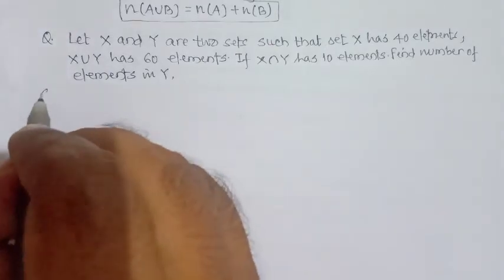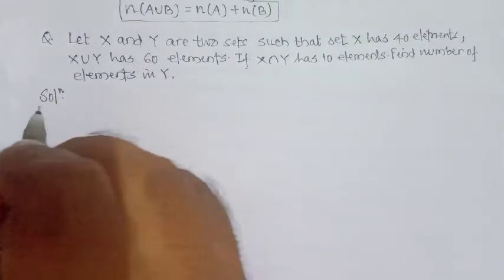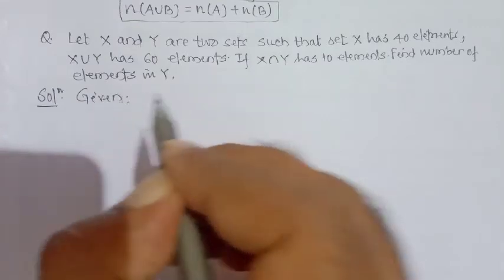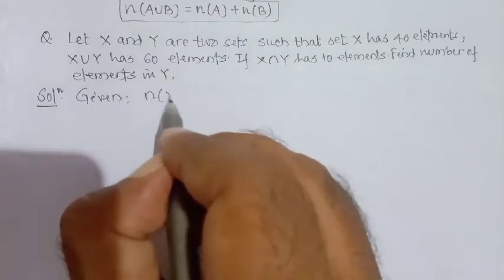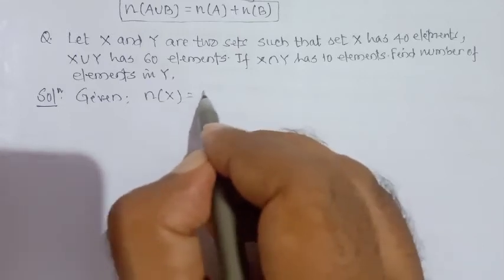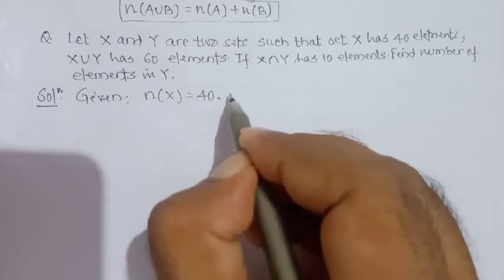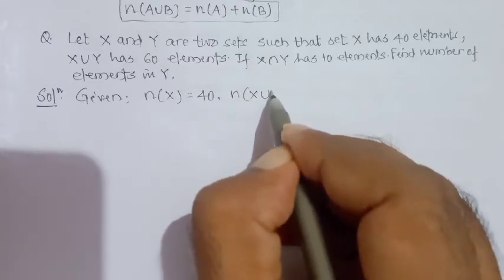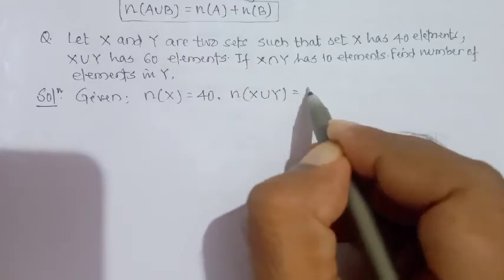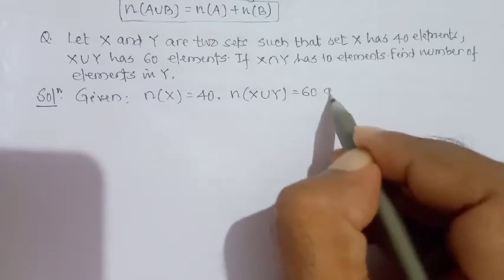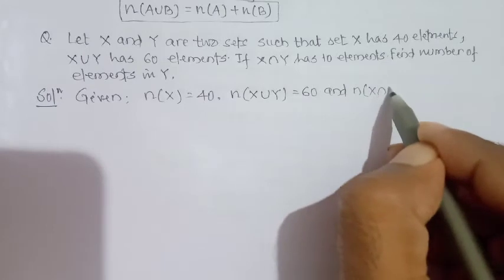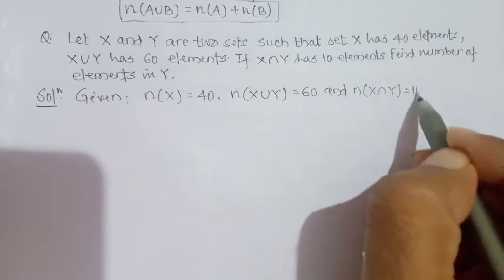So what is given? First of all, always write what are the given terms. Given: number of elements of X is equal to 40, number of elements of X union Y is equal to 60, and number of elements of X intersection Y is equal to 10.